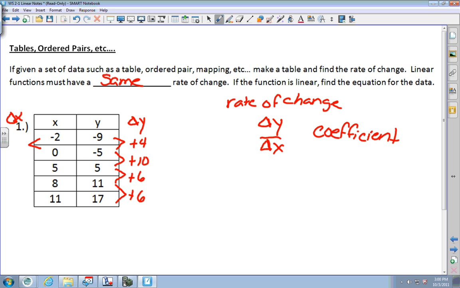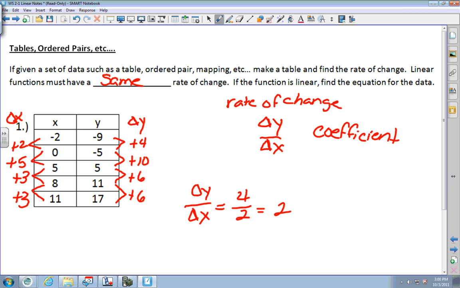So now I come over here and I get plus 2, plus 5, plus 3, plus 3. So now delta y divided by delta x, I get 4 divided by 2, and that's 2. 10 divided by 5, that's 2. 6 divided by 3, that's 2.